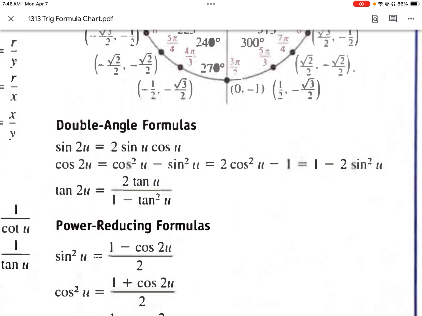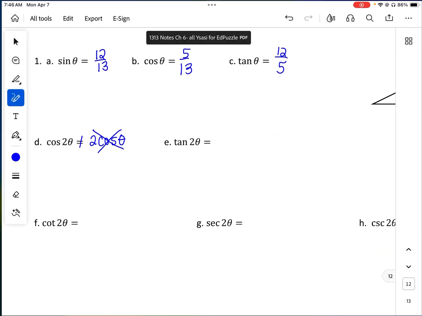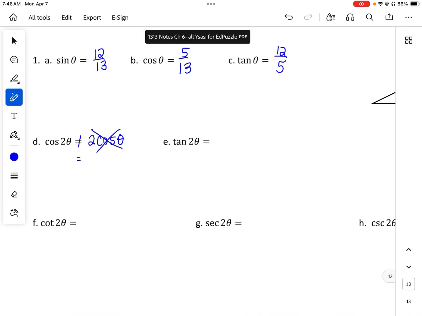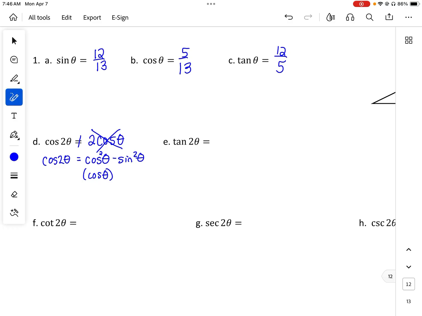I'm going to primarily focus on the first one. Since we're talking about cosine 2 theta, this equals cosine squared theta minus sine squared theta, which could be written as cosine theta squared minus sine theta squared.